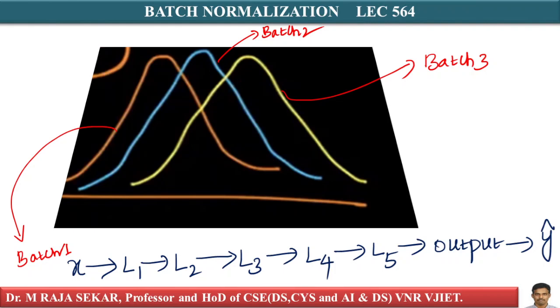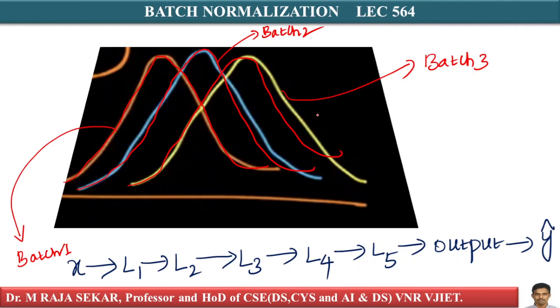In batch 1, I might see a distribution like this, in batch 2 the distribution might be like this, in batch 3 the distribution might be like this. As the distribution changes, it may not even be normal, it may not even be Gaussian.